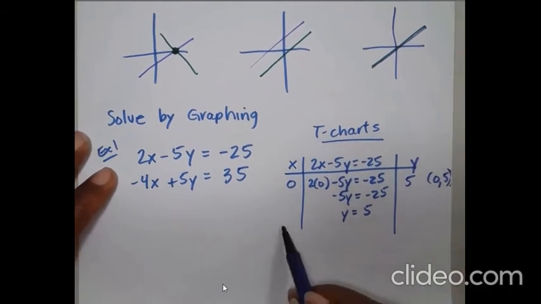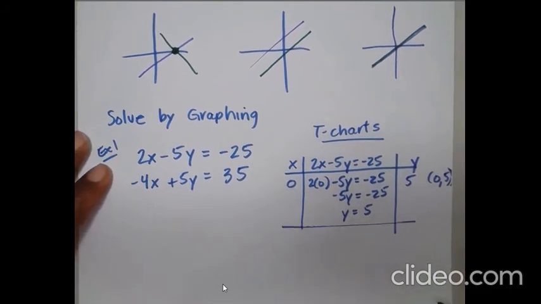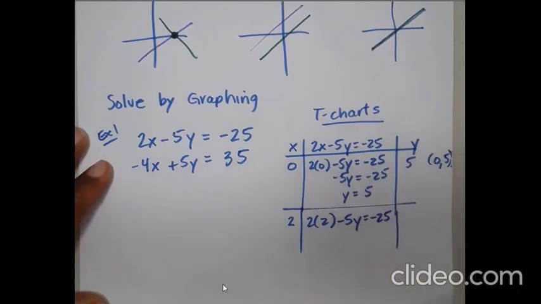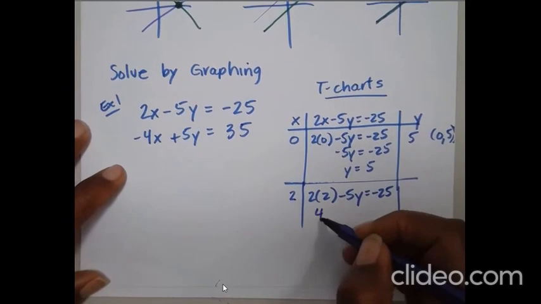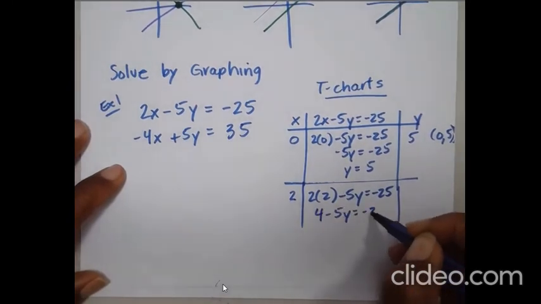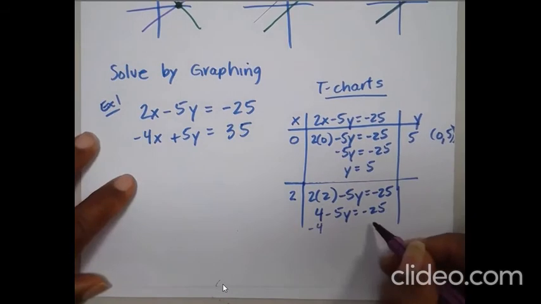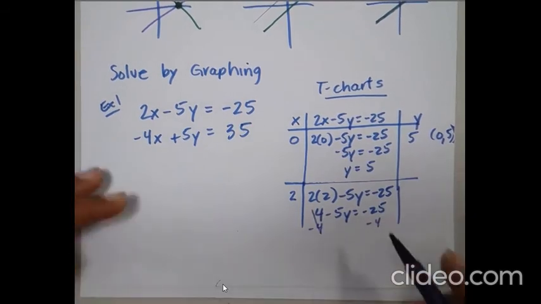So let's pick another point. Let's pick 2. So 2 times 2 minus 5y equals negative 25. So we have 4 minus 5y equals negative 25. We subtract 4 from both sides in order to solve this equation.